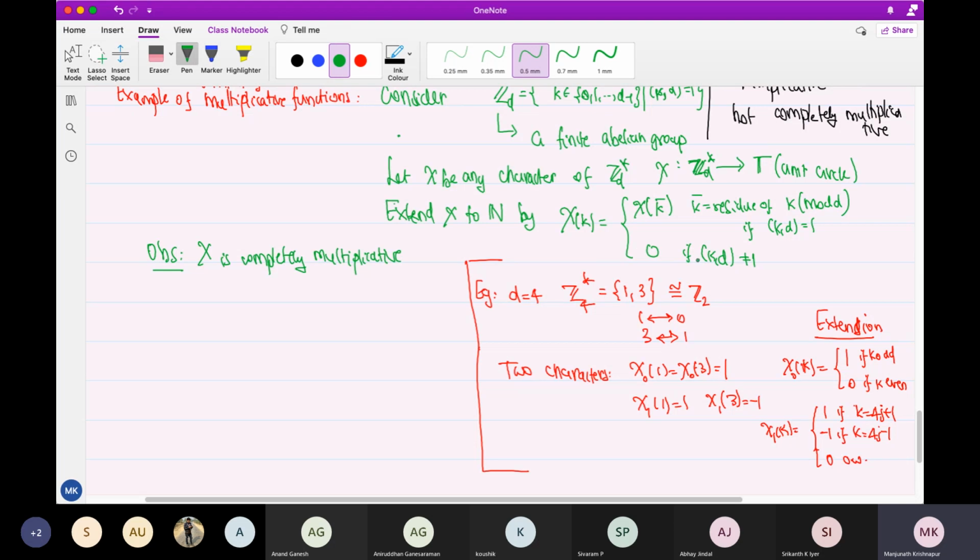So we'll have a 0 factor, and that's okay. But if they are both co-prime, then the product residues go well, right? The residue of the product of two numbers is the product of the residues, provided they are co-prime. So then it is okay. So it's completely multiplicative actually.